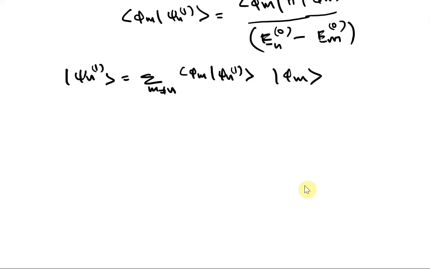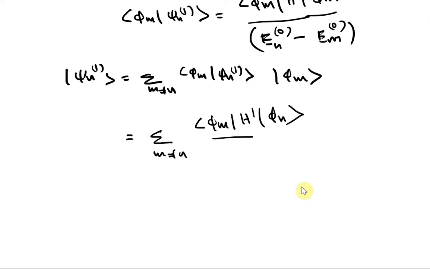It will become sigma m not equal to n phi m psi n dash. We'll substitute the value phi m h dash phi n divided by en0 minus em0 into phi m.